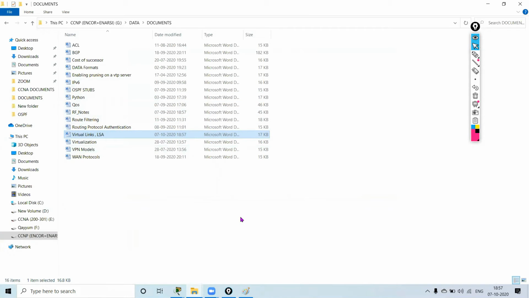In OSPF, whenever you go for an interview and your main focus is on OSPF, then the person will surely ask you about LSAs. Either he will ask what is type 1, or what is summary LSA, or what is router LSA, or about type 1, type 2, type 7. You should know about LSAs.